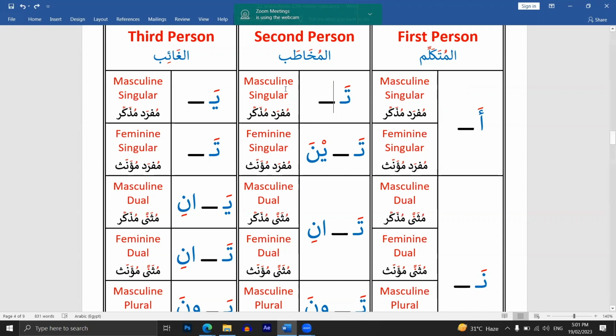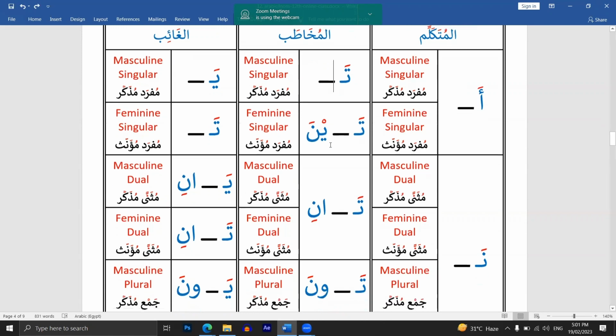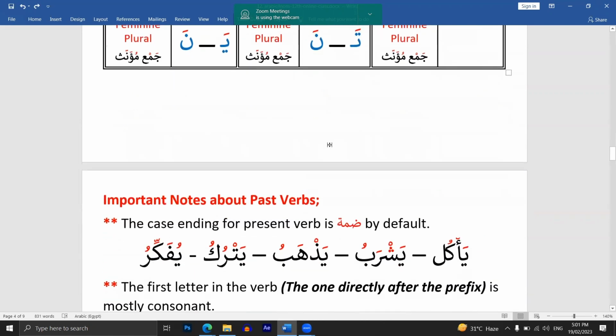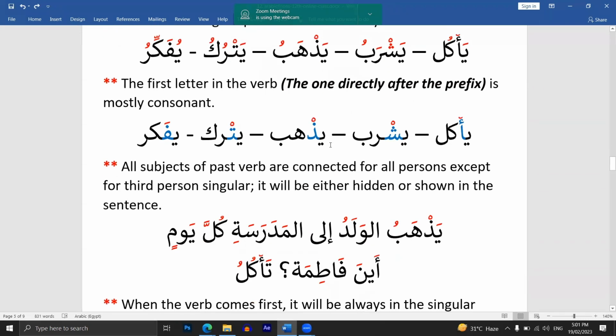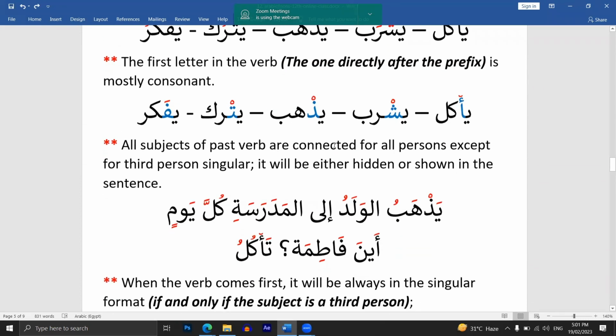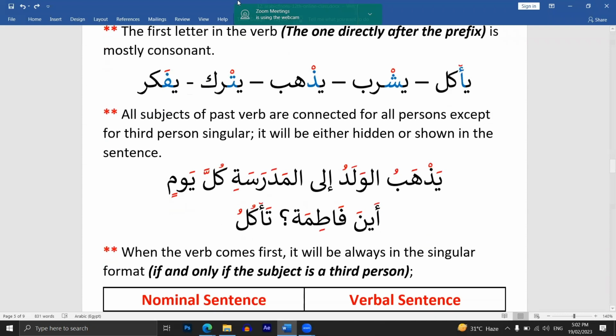So, any other question about this part before we move forward? If it's clear, just tell me it's clear.